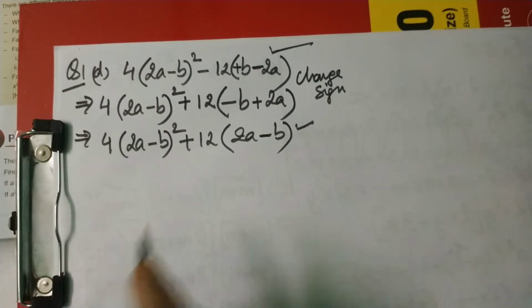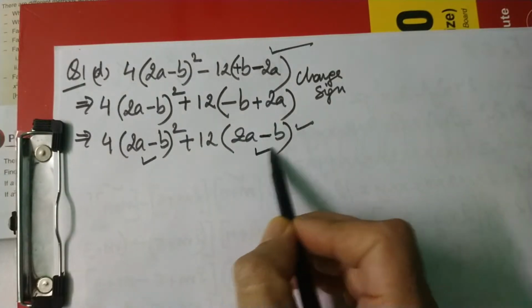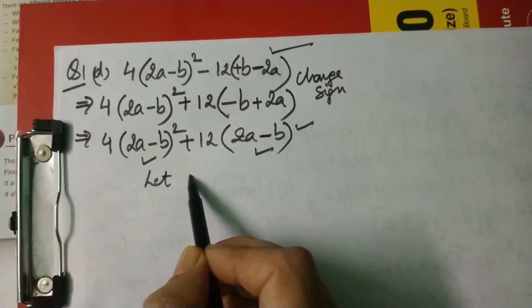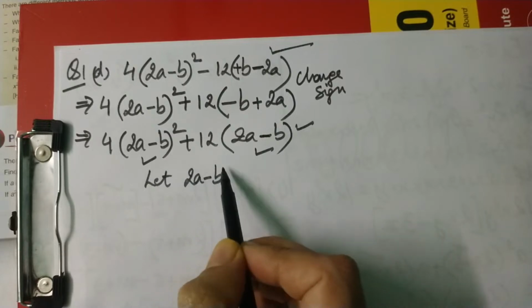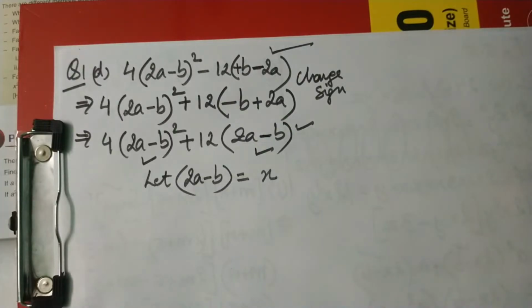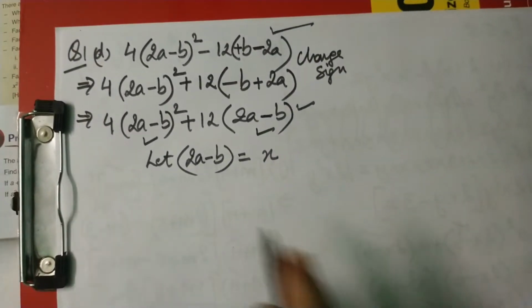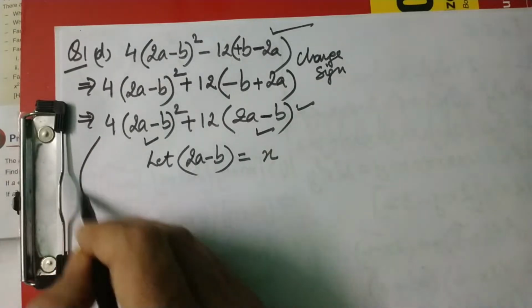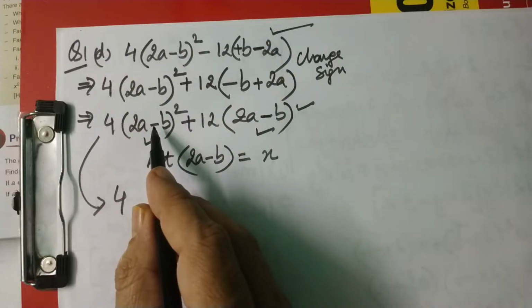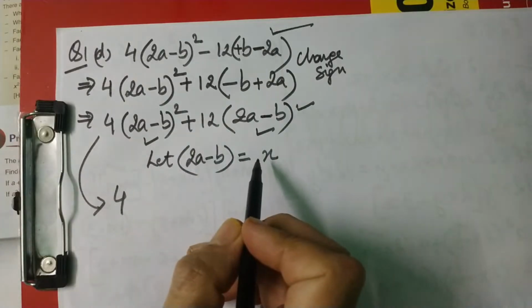Now this bracket and this bracket are the same. So the next step is important. Let 2a minus b equal x. I will suppose this to simplify. So this question will now become 4 times, instead of 2a minus b, I will write x, because I have written this bracket as x.